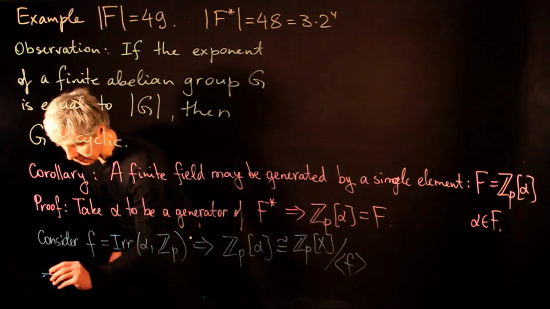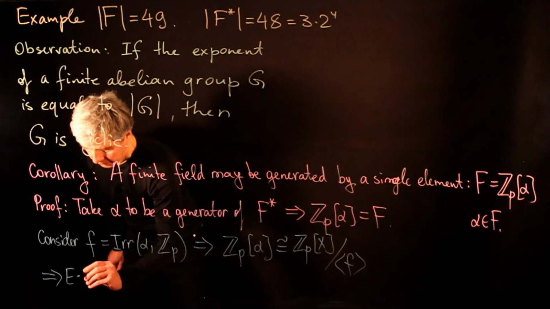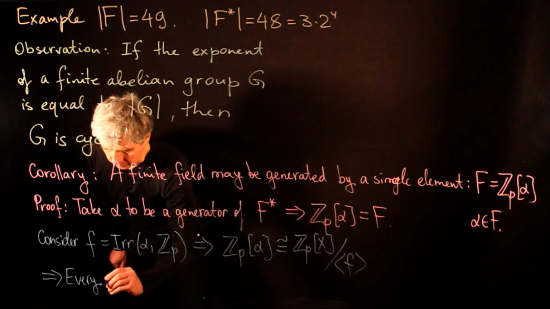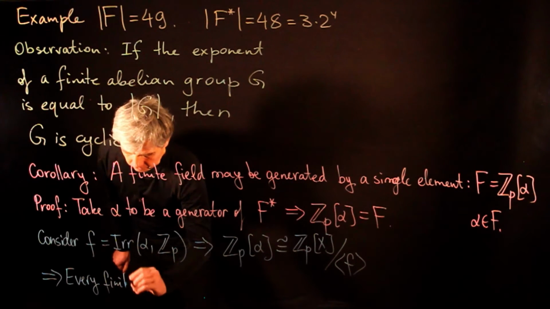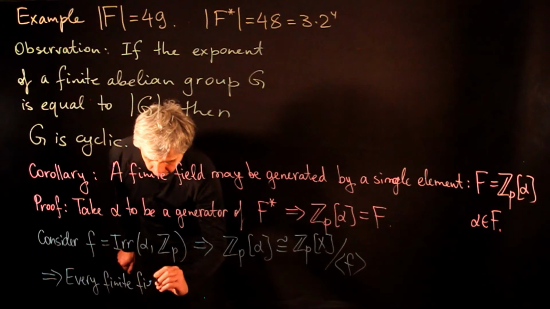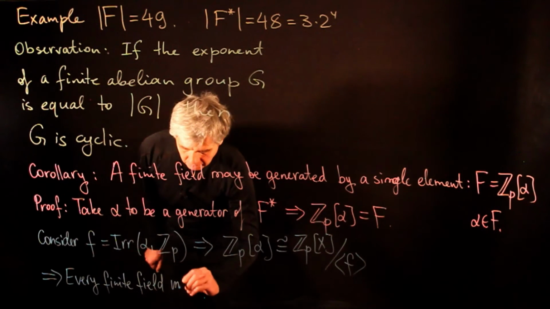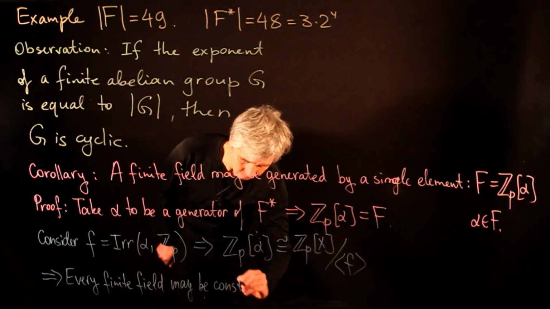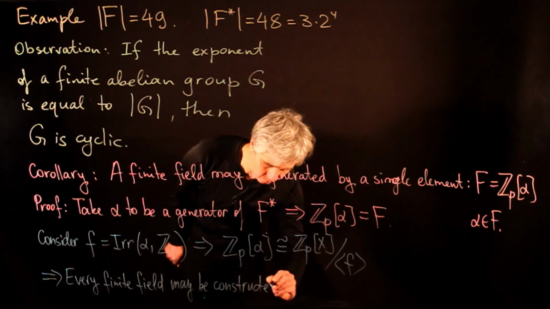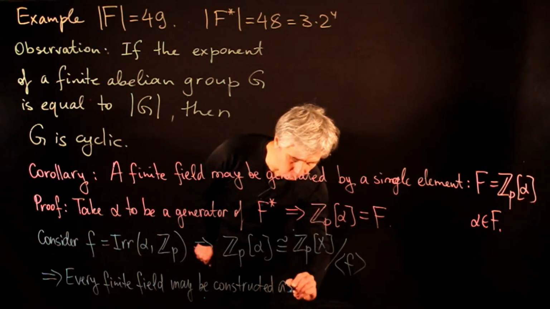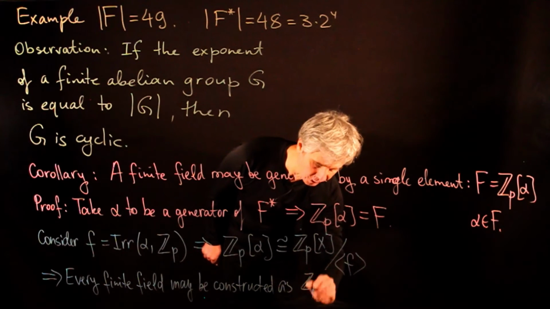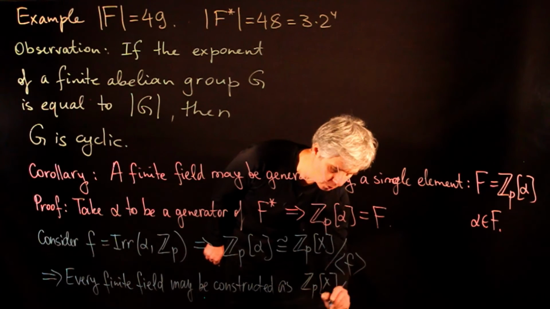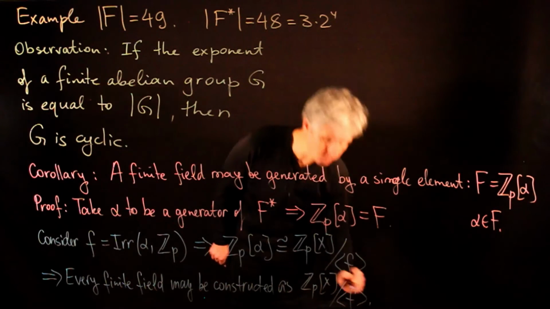From here, we conclude that every finite field may be constructed as this quotient, Zp of x, quotient by the ideal generated by an irreducible element.